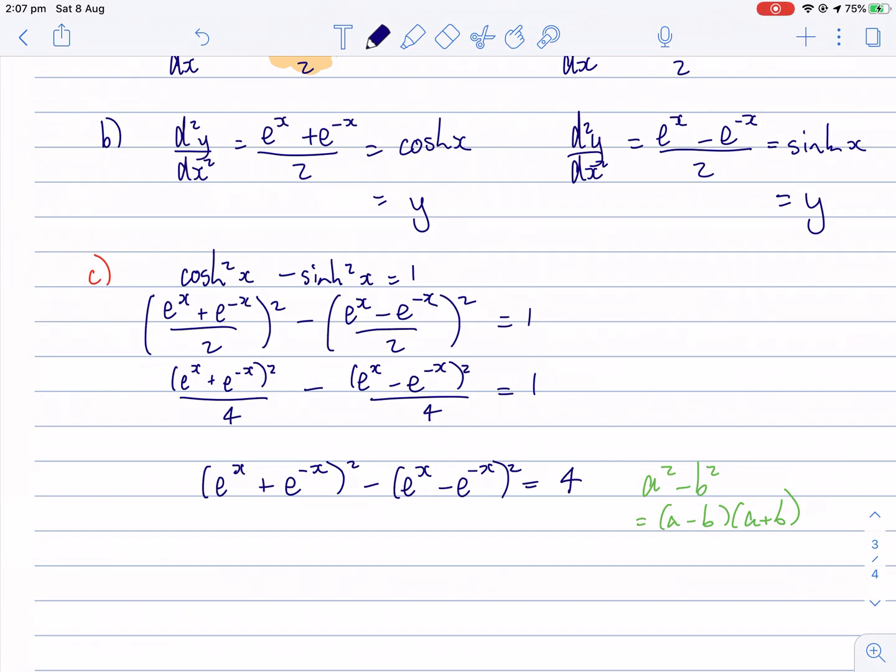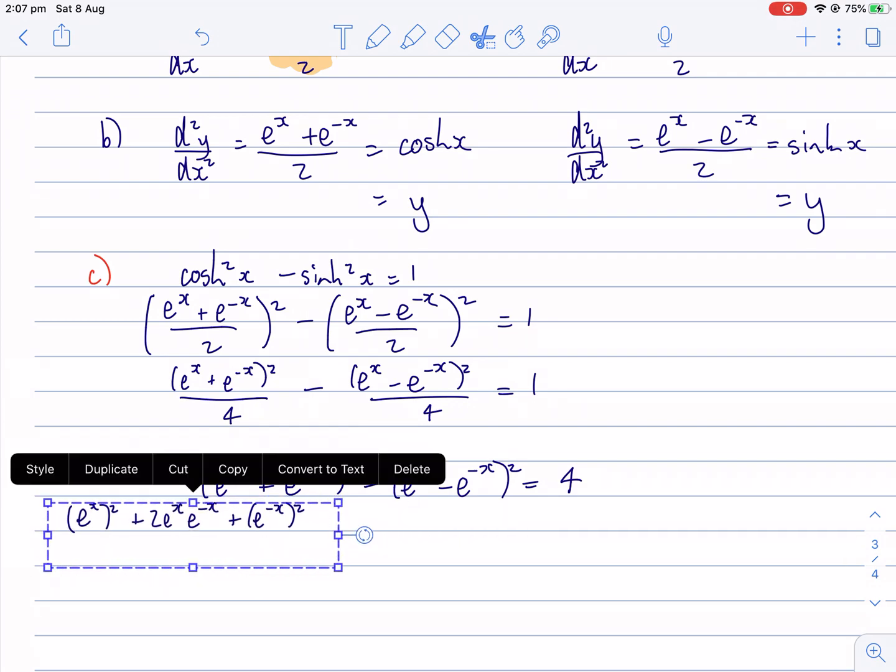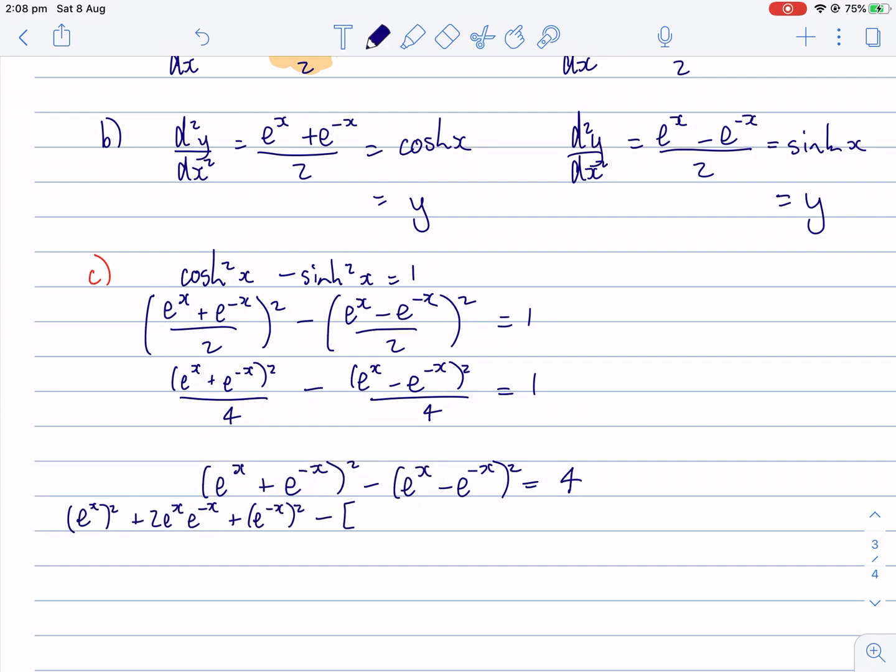I mean, technically I could expand both of these. No, I'm just going to expand them both. So this left one expands to e to the x squared plus 2 e to the x e to the minus x plus e to the minus x squared. I need much more room. Minus e to the x squared, take 2 e to the x e to the minus x plus e to the minus x squared.